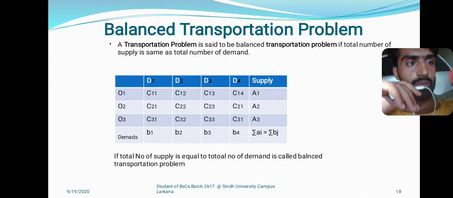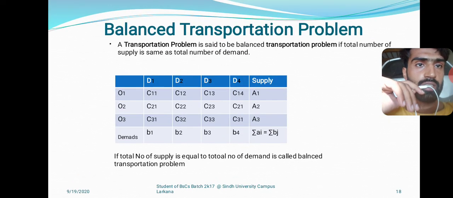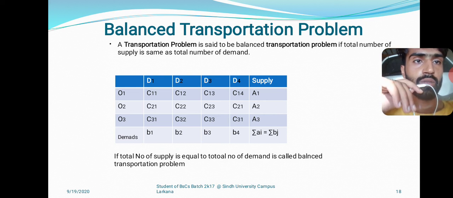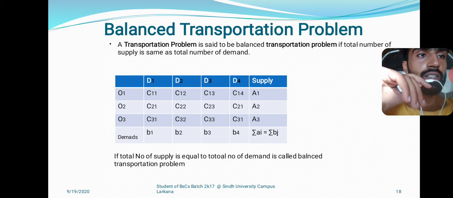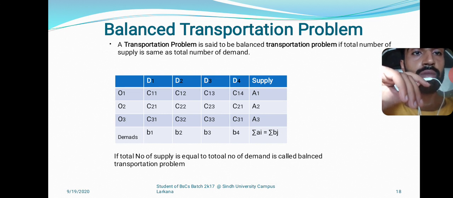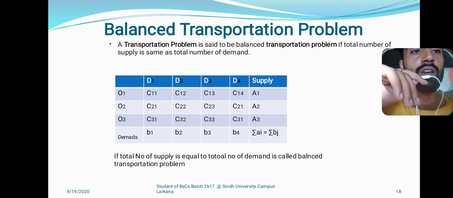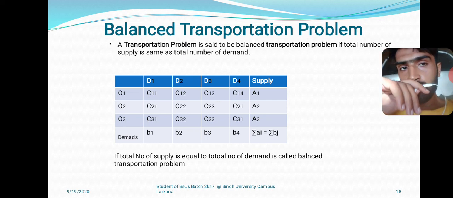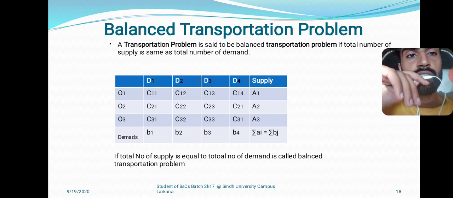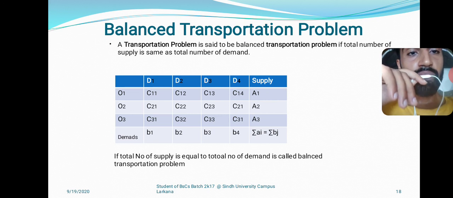Balanced transportation problem. A transportation problem is said to be a balanced transportation problem if the total supply is the same as the total demand. Destinations D1, D2, D3, D4, with supply. Origin 1: C11, C12, C13, C14, A1. Origin 2: C21, C22, C23, C24, A2. Origin 3: C31, C32, C33, C34, A3.